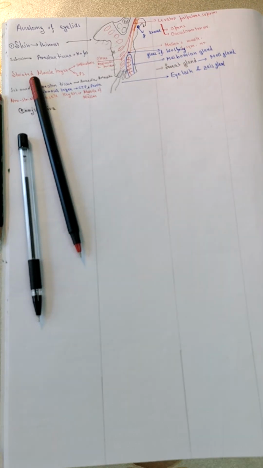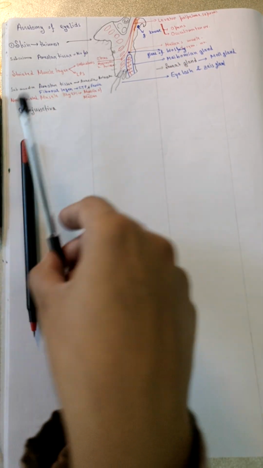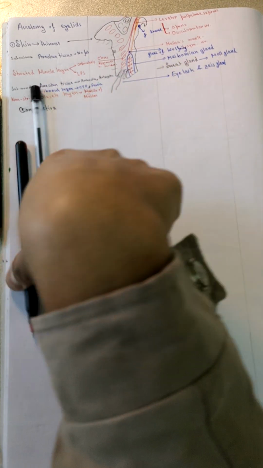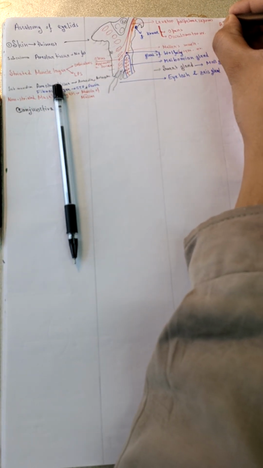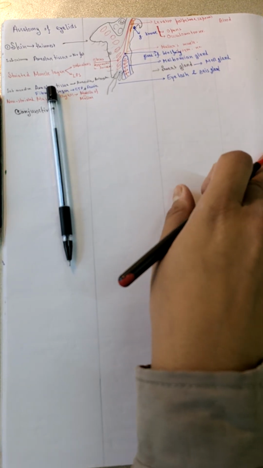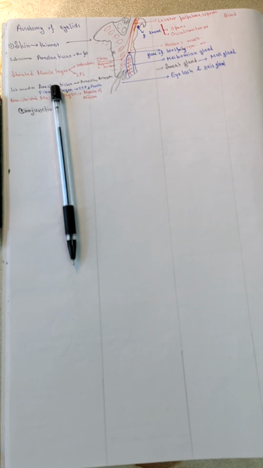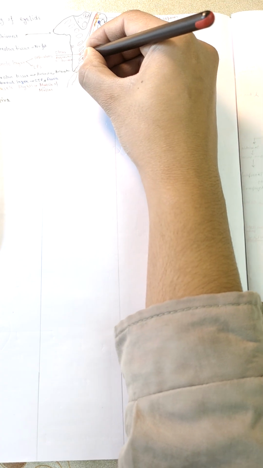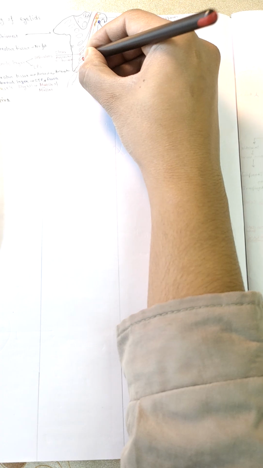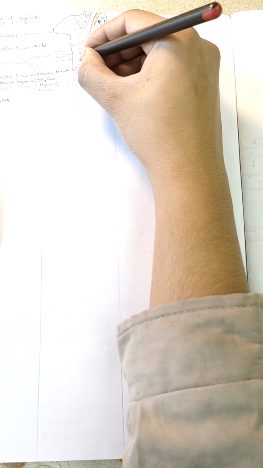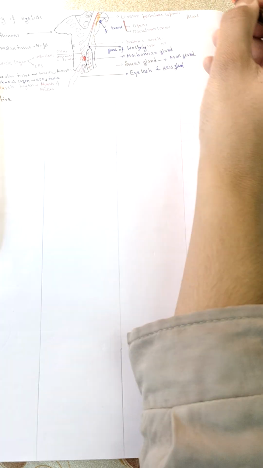Next, let's talk about the blood supply and nerve supply. The blood comes from the marginal arterial arcade, around the margin between the orbicularis muscle and the Meibomian gland.